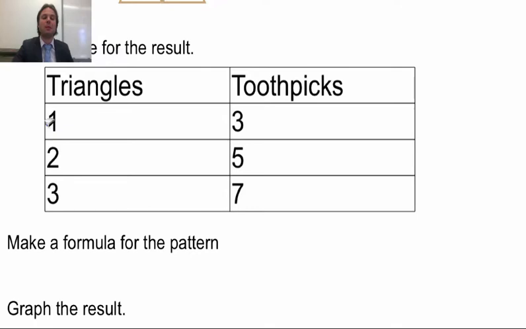So 1 multiplied by 2 is equal to 2, and 3 is 1 off. 2 multiplied by 2 is equal to 4, and 5 is 1 off. So my formula is actually going to be y is equal to 2x plus 1, where x is my triangles and y is my toothpicks.